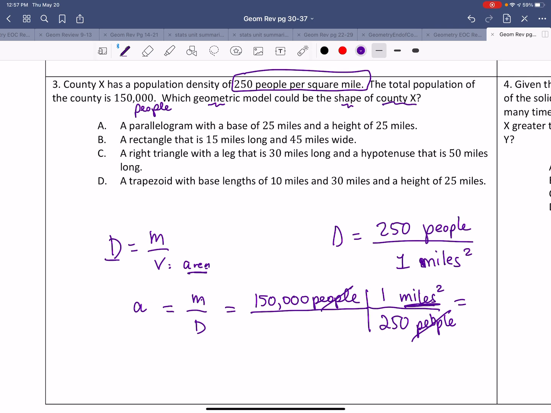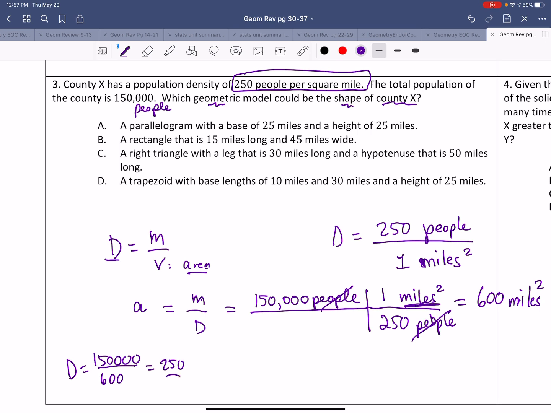So I'm going to divide by 250, and I know that this town has to be 600 miles squared. And we can double check this. You can plug this back in. Is this amount of people divided by 600 miles squared going to give me that density? $150,000 divided by 600 is 250. Yep. So that we know works.